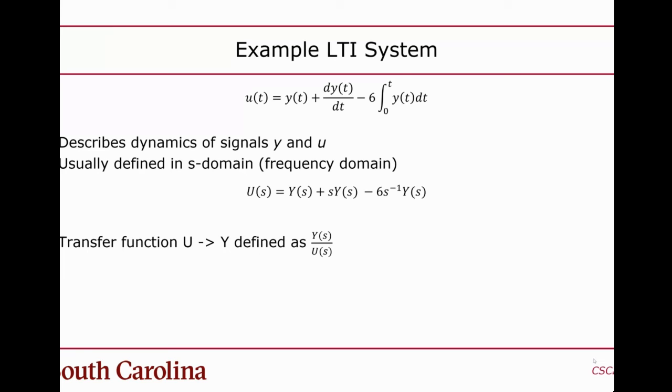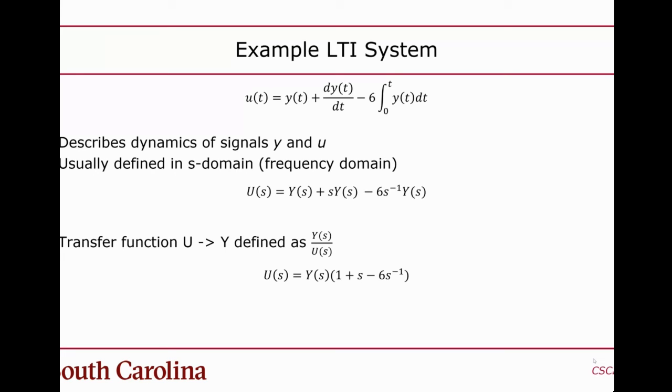And when you do that, it's convenient to represent them in the S domain, because when you take a derivative of a signal in the time domain, in the S domain it's just multiplying it by S, whereas if you take the integral, it's multiplying by 1 over S, or S to the minus first power. And to be clear here, I'm not sure how well I described this originally.